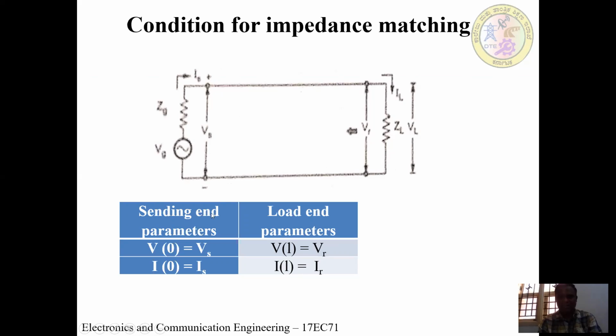The sending end parameters are V0, that is VS, the sending voltage, and I0, that is IS, the sending current. The load end parameters are VL, the load voltage, which is nothing but the reflected voltage VR, and IL, the load current, which is nothing but IR, the reflected current.